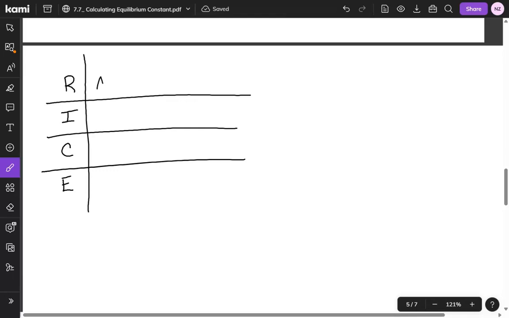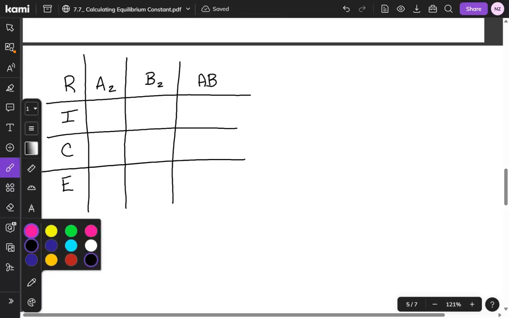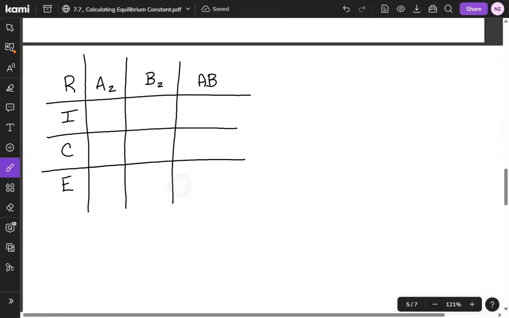So we have A, we have B, and we have AB. And we know that A is 1, B is 1.5, and AB at our initial concentration will be 0. That's all the information that we have.